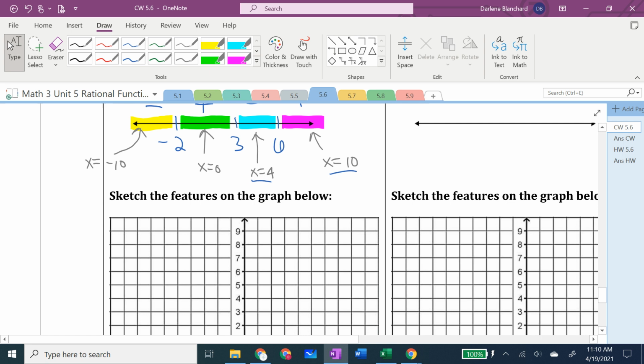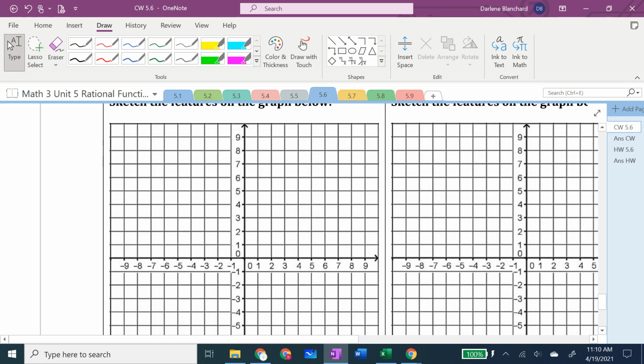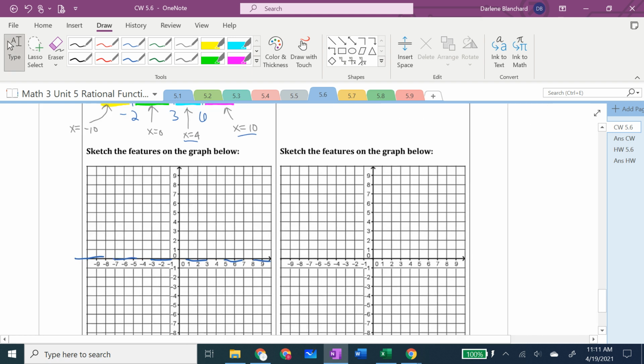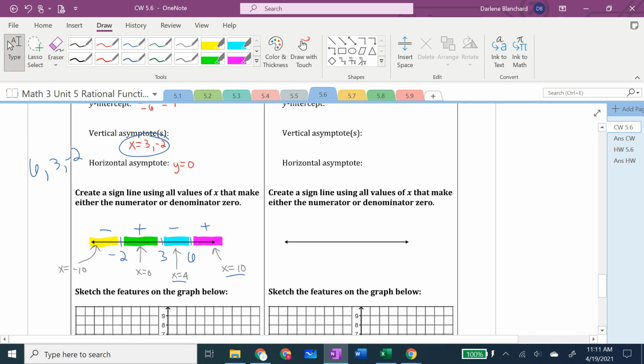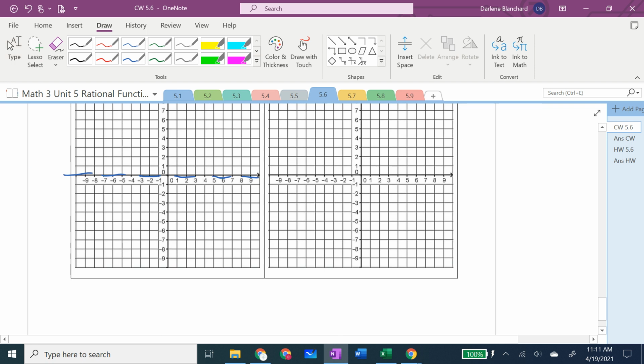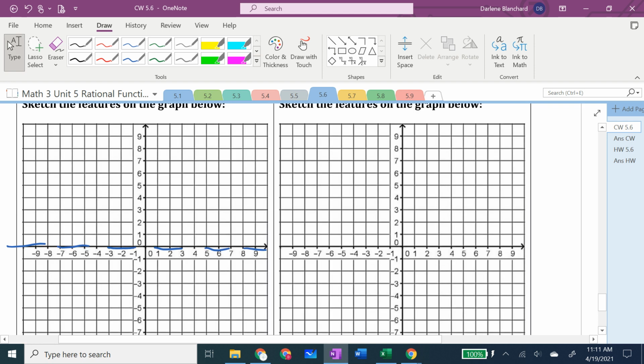So, here we go. I'm going to first draw that I have a horizontal asymptote of 0. I have vertical asymptotes 3 and negative 2.